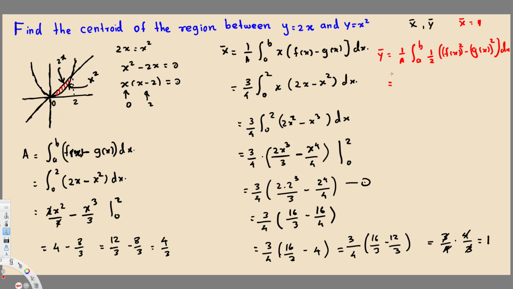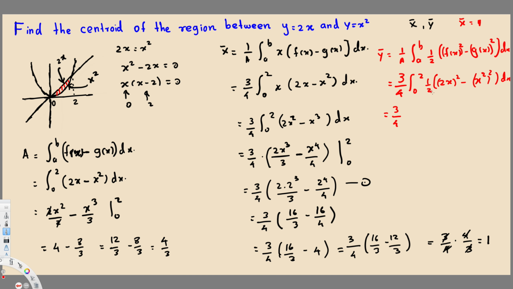So 1 over A is going to be the same as before, that's going to be 3 over 4, and then the limits of integration are 0 to 2, and half. f of x squared is going to be the top function squared, that is 2x squared, minus the bottom function, x squared squared, dx.